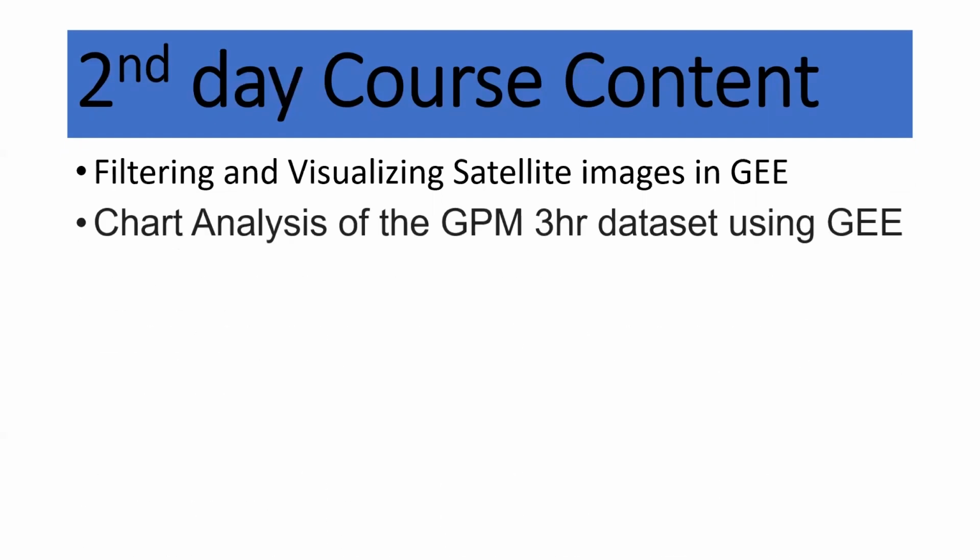Then we will discuss how to chart analysis of the Global Precipitation Measurement 3 hour dataset, and how you can easily make a time series chart in Google Earth Engine. I randomly chose this dataset.